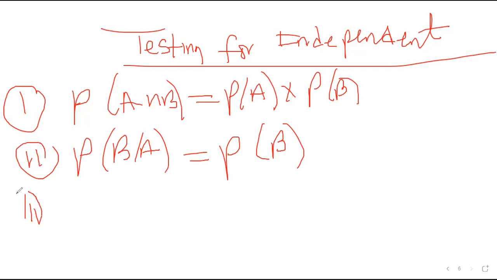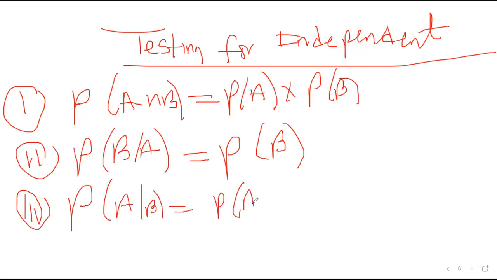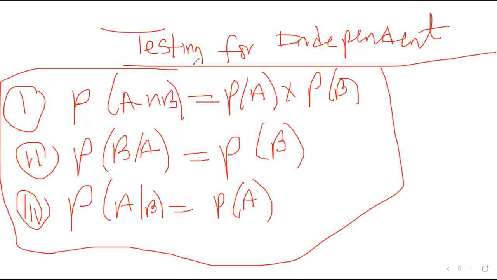Also the probability of A given B is equal to the probability of A if events are independent. So this is about carrying out the test for independent events.